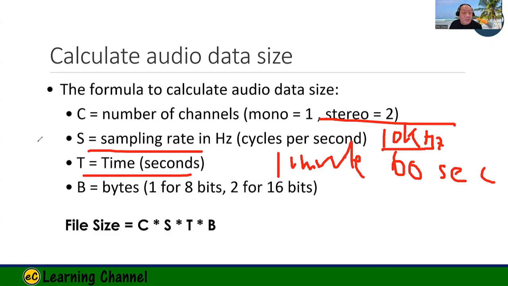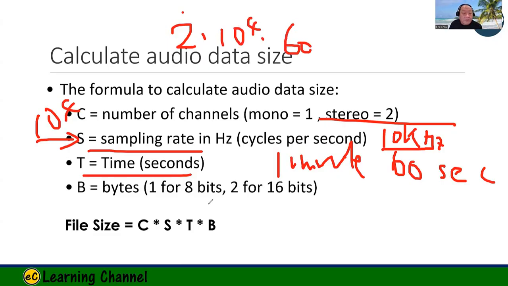So 1 second, you will sample 10 to the power 4 samples. So your 2 times 10 to the power 4 times 60 times, let's assume that you are 16 bits. You will use 2 bytes to sample it. So this one give you the file size of 1 minute music.